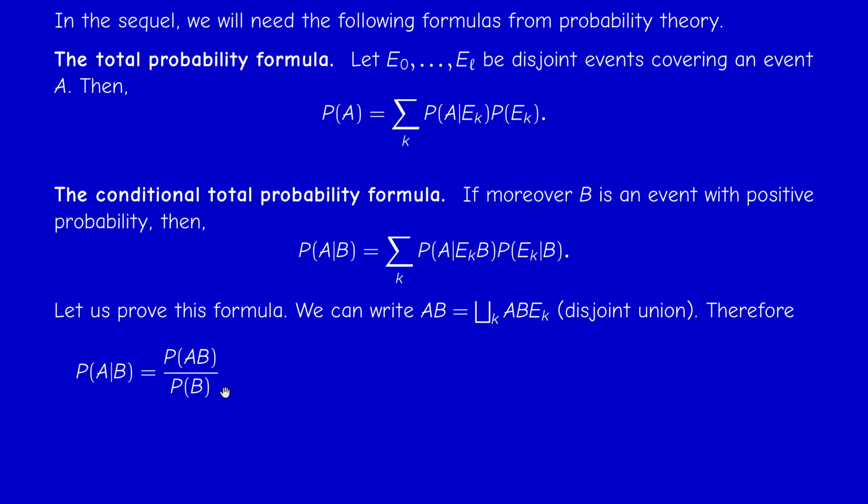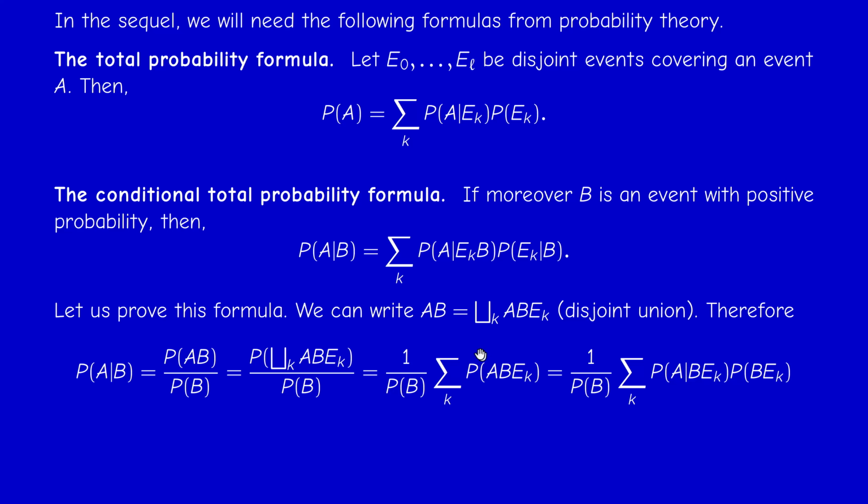Okay? And now I go back to the definition of the conditional probability. P of A given B is P of AB divided by P of B. And by the property of the probability, the probability of the union is the sum of the probabilities, because they are disjoint. Okay, and that's it, actually.